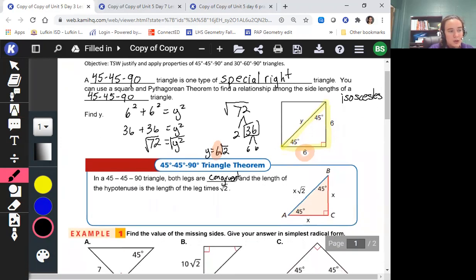So again, our short sides, which are congruent, are both x. And then our hypotenuse, which is our longest side, is x times the square root of 2.